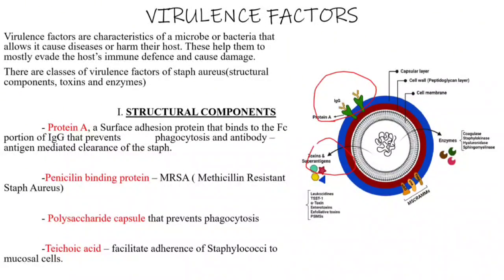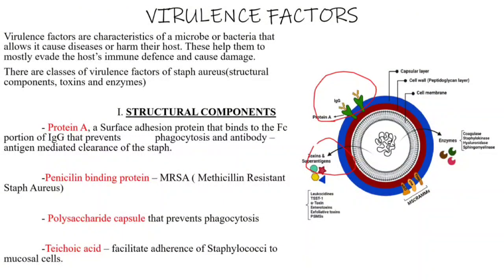So we're going to take the structural components first. Now, there is what we call protein A. Protein A is a surface adhesion protein that binds to the Fc portion of IgG.